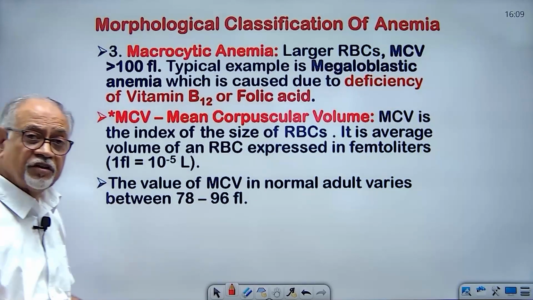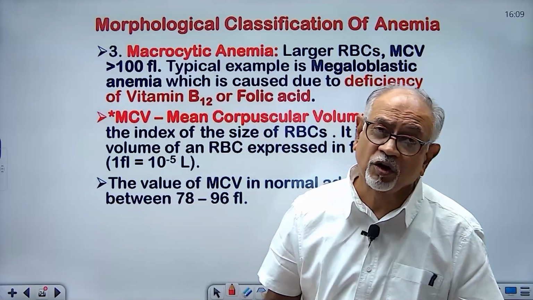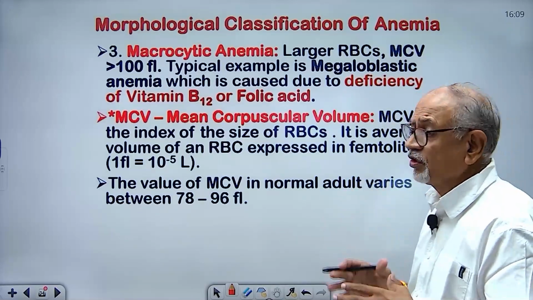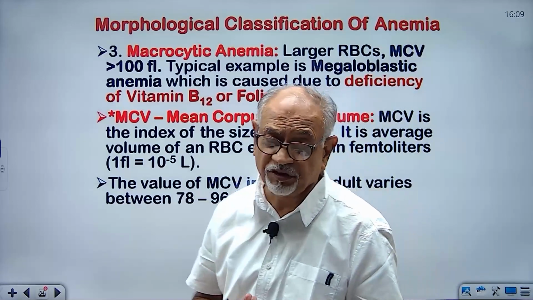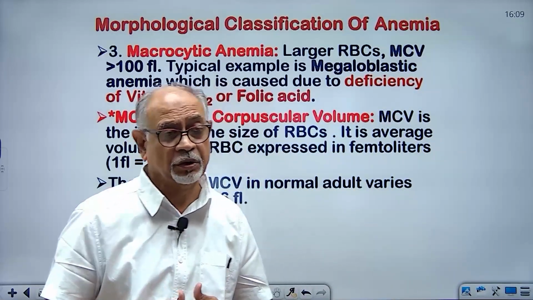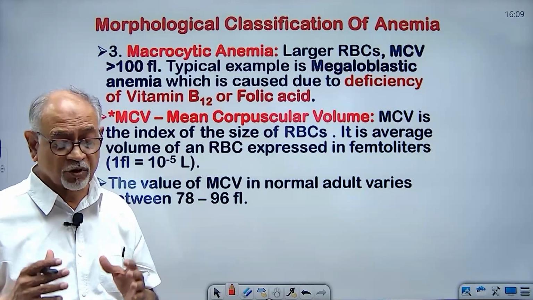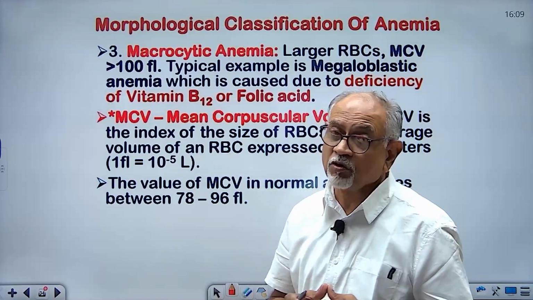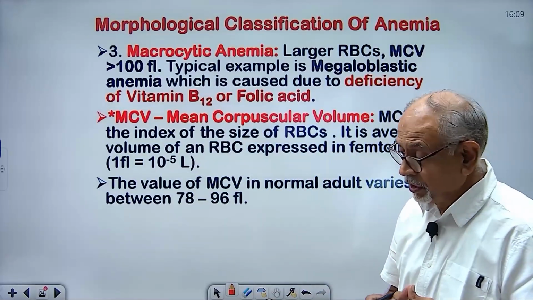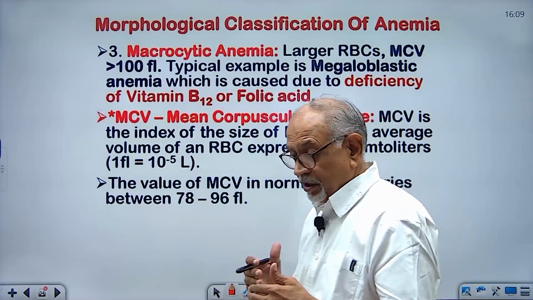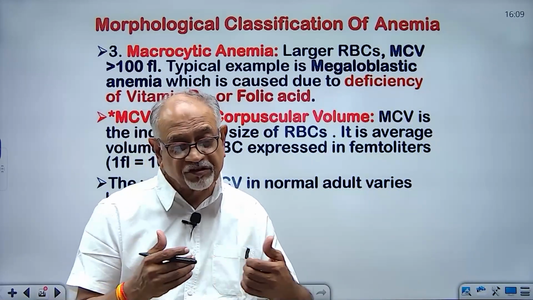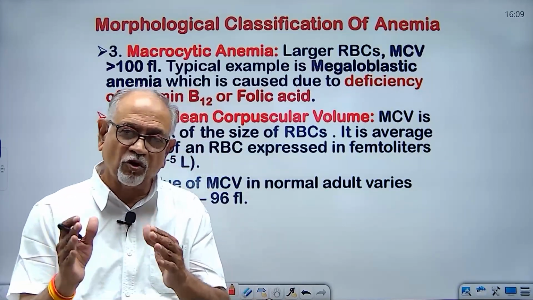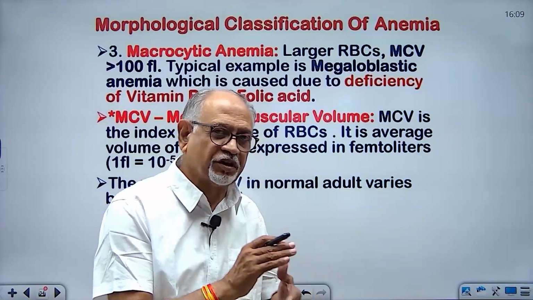Now, the third one is macrocytic or megaloblastic anemia. In this case, the size of the blood cells, RBCs, remains larger. As you know, the RBCs are produced from a stem cell stage, we call it erythroblast stage, and then it proceeds into various stages where its size gradually reduces and hemoglobin synthesis increases.